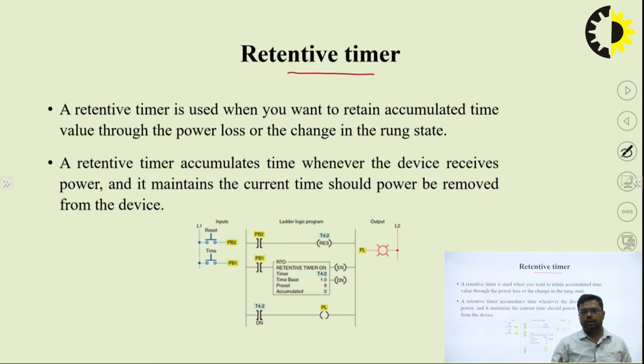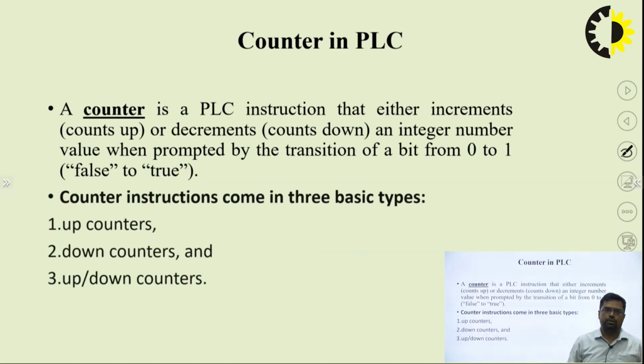But if the power supply comes back, then the process will not continue from 5 or 6 seconds. The process will start again from where it stopped. So on those conditions the timer is used as a retentive timer. So for very large processes, big industrial processes generally, we use the retentive timer when the power goes off.